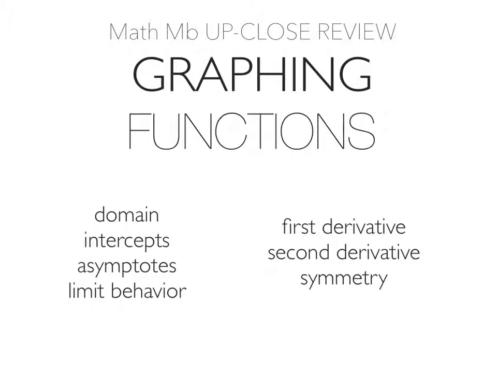And then that's followed by limit behavior. What's happening as x is going to positive infinity or negative infinity, or perhaps if it has a truncated domain. Maybe it's only positive numbers. Well, what happens as it approaches 0? If it has any asymptotes, say it has an asymptote at 2, what happens as it approaches 2 from the right? What about from the left?